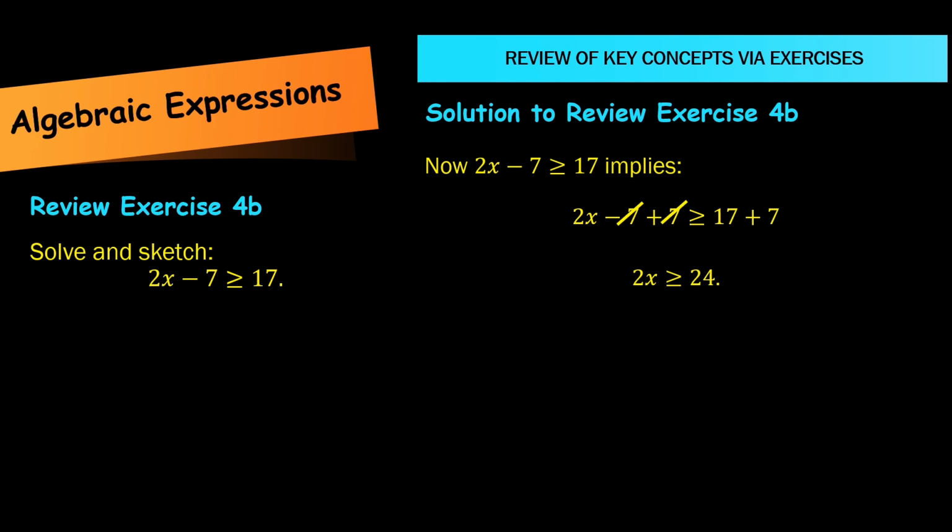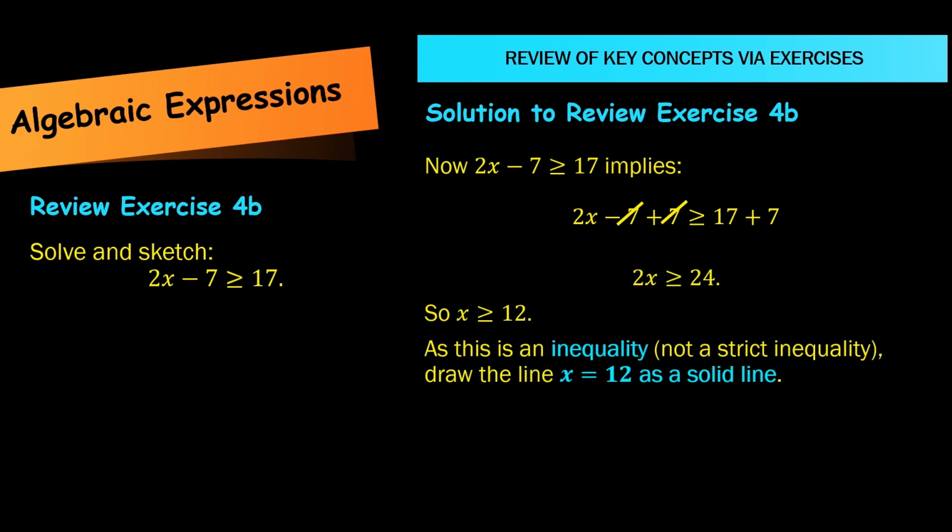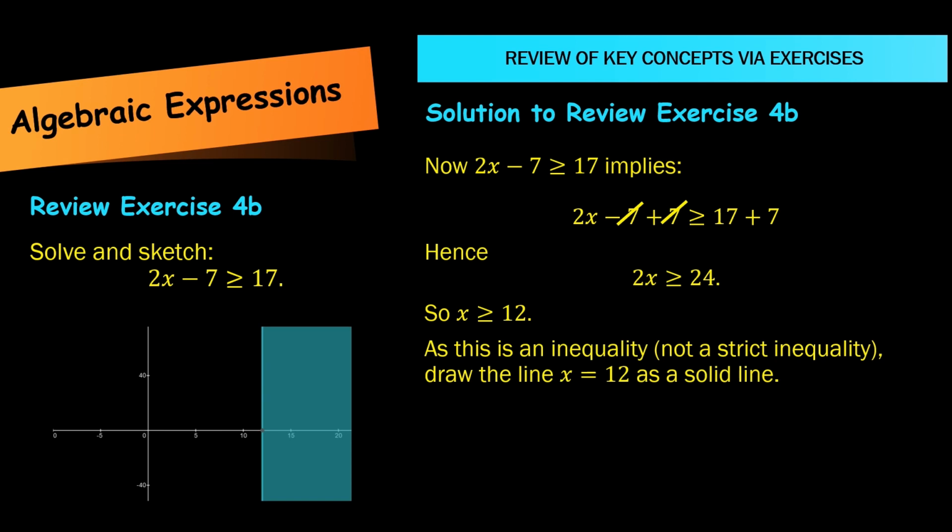As you can see, we've simply divided by 2 to obtain this. As this is an inequality and not a strict inequality, we draw the line x equals 12 as a solid line. And the region 2x minus 7 greater than or equal to 17, or equivalently x is greater than or equal to 12, is the shaded region to the right of and including the line at x equals 12.